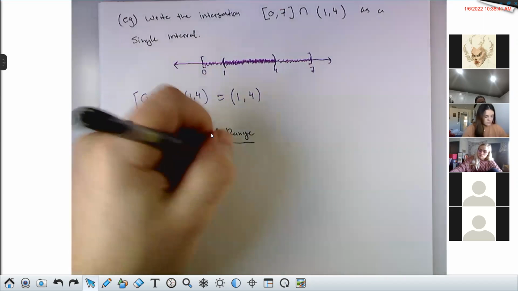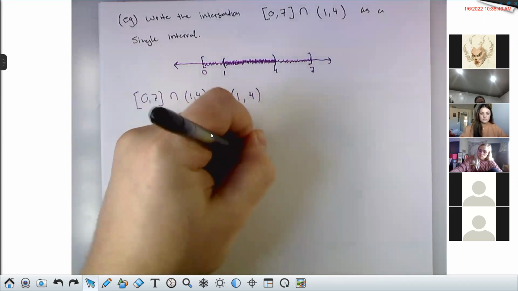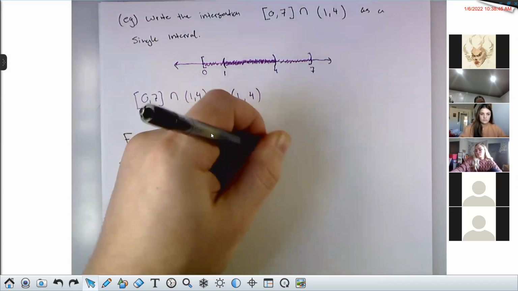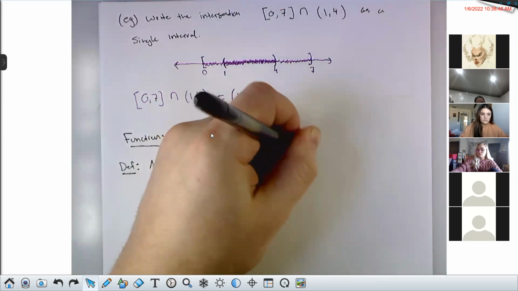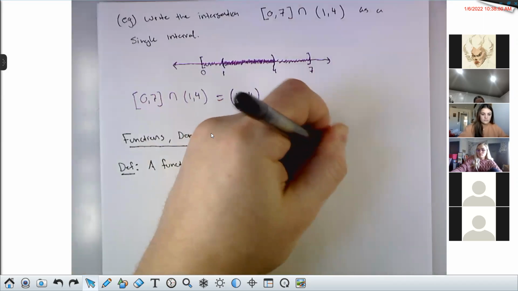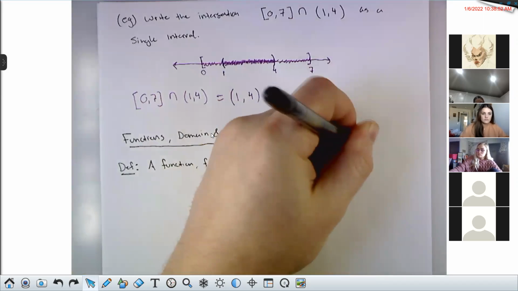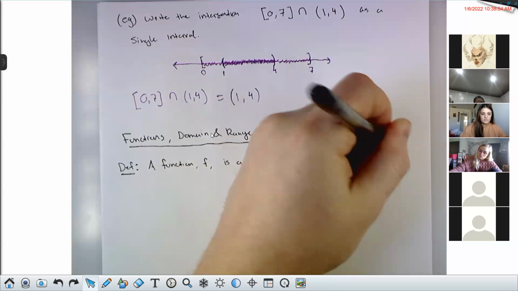A function f is a relation or rule for pairing objects.